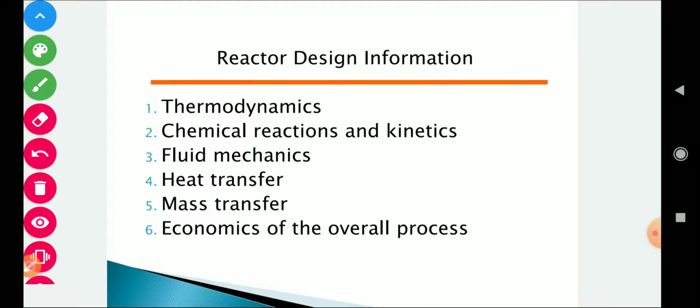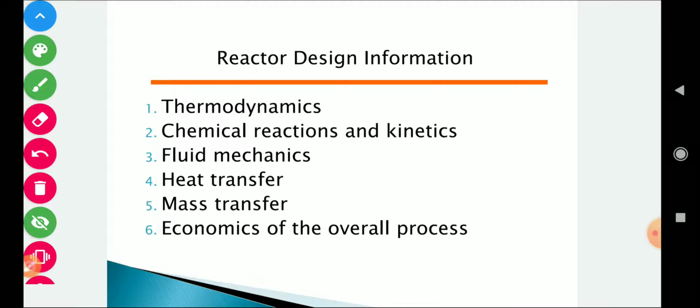So these are the basic prerequisites for this course. You should have basic knowledge of thermodynamics, how a reaction takes place and what its energy states are, etc. You should also have knowledge of chemical reactions, meaning the chemistry of the reactions and their kinetics, how the rate of reaction behaves. Then you should have basic knowledge of fluid mechanics, so you can determine whether there is any dead zone in the reactor, or what the flow pattern of the reactor is.